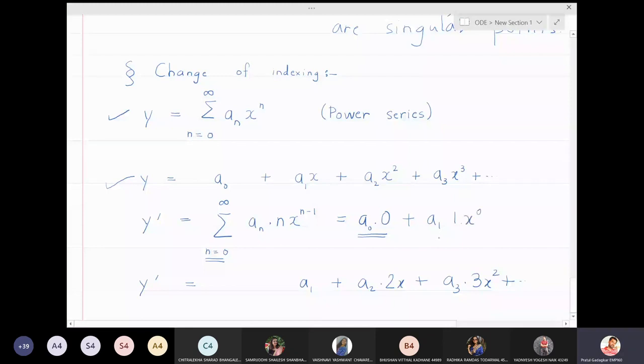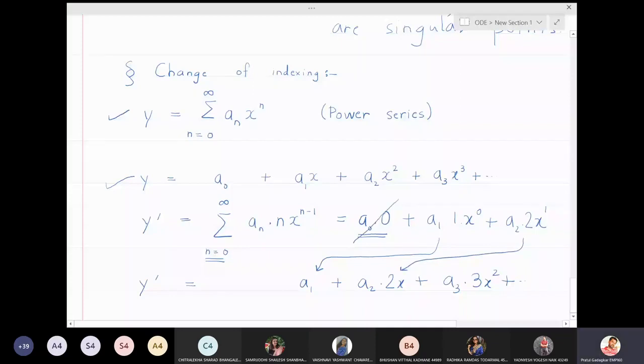See, this is matching here, right? Plus when I put n equal to 2, I will get a2 into 2 into x raised to 1, which is exactly matching here, correct? So when I put n equal to 0, this term will not come into the picture because it is 0.